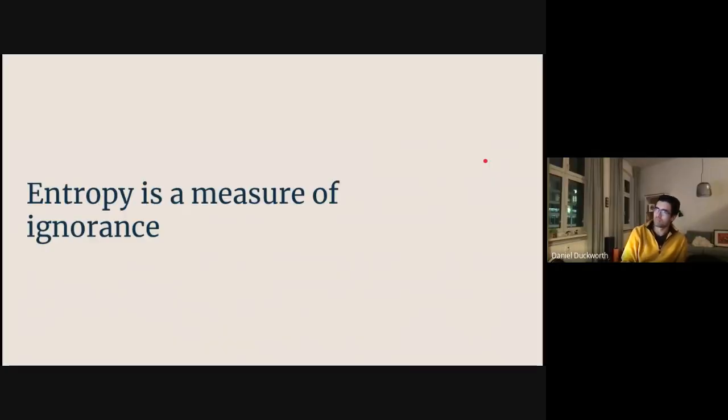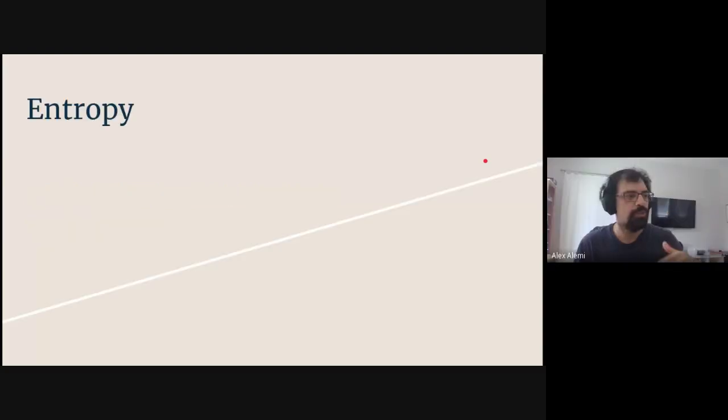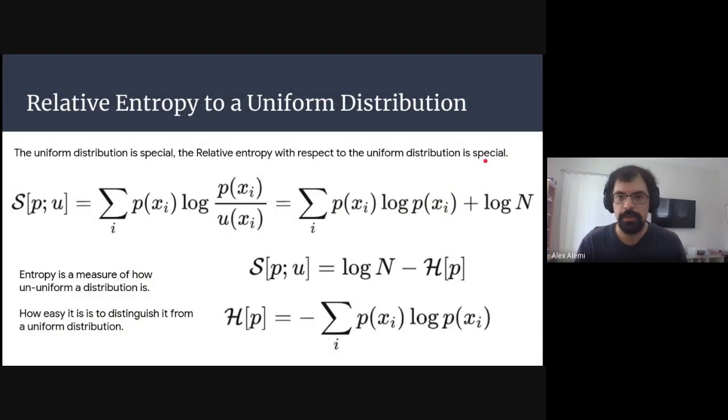Okay. The next two things we wanted to talk about, and we've run out of time, but I want to talk about entropy and mutual information. I just want to tell you what they are, and then we'll talk about them next time. But I want you to think about entropy as being a relative entropy, but relative to the uniform distribution. The relative entropy was a measure that we could use between two distributions.